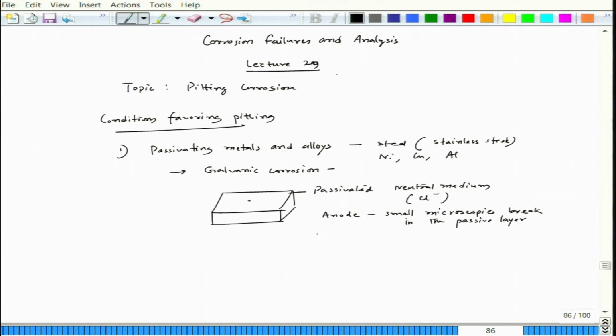Now, the rest of the part which is passivated would become the cathode. If you compare the area of this one and this one, this small segment is the anode and all the rest of the area is cathode.